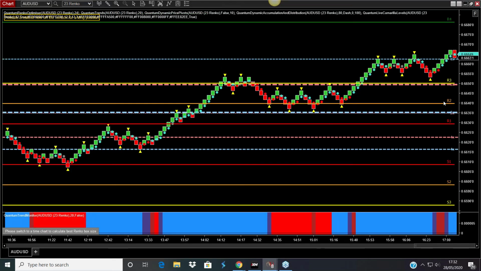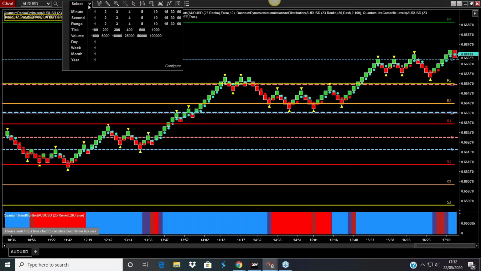The Renko chart fulfills that sort of function as well. This is again on the Aussie dollar. On NinjaTrader, it works very differently to MT4 and MT5. You have the option to set the Renko values according to the time charts, which you can't do on the other two platforms. They work equally well, but in different ways.